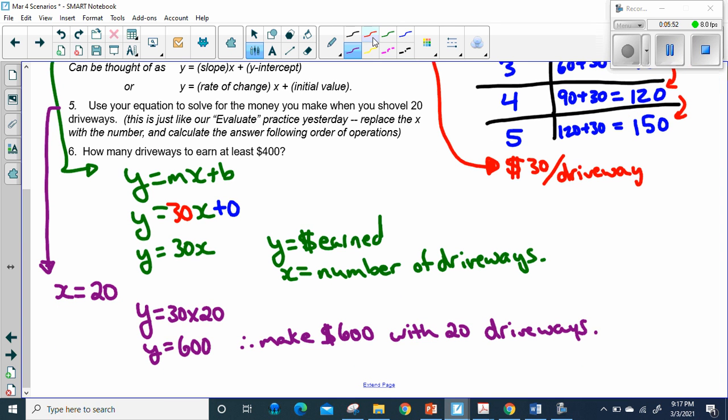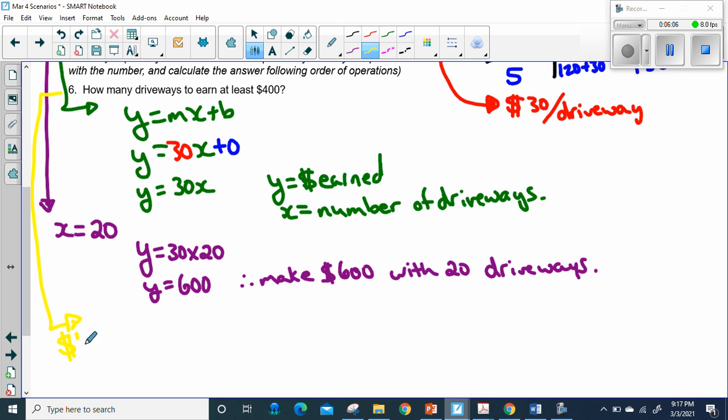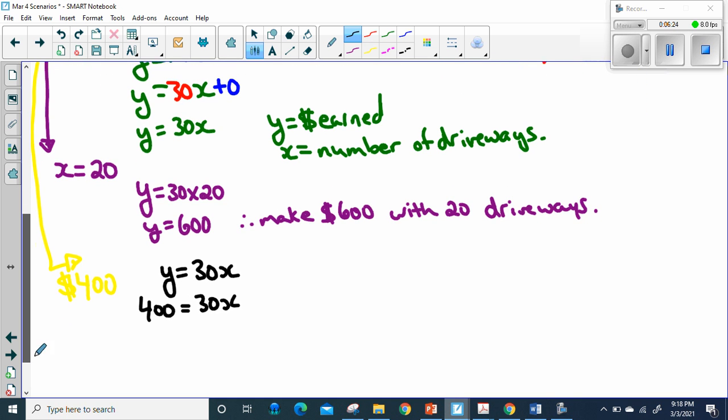And then let's see, last question is saying, how many driveways do I want to earn at least $400? Ooh, I don't know. Let's see about that one. I want to earn at least $400. So if I want to earn $400, that's what my y value is going to be equal to. So we had as our equation y equals 30x. I want to know how many driveways will make me $400. At least.